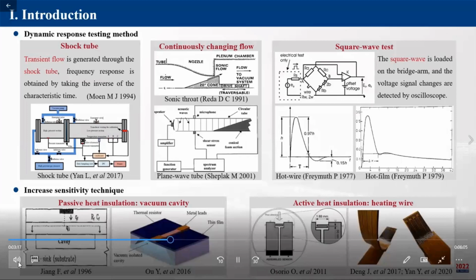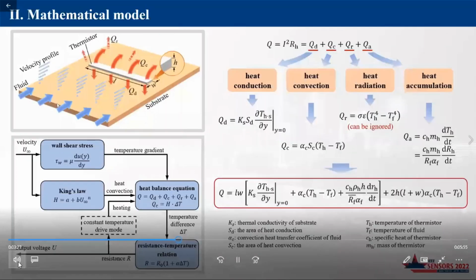The methods of heat dissipation include heat conduction, heat convection, and heat radiation. As a constant temperature thermistor operates, its temperature is a dynamic process in which there will be heat accumulation.